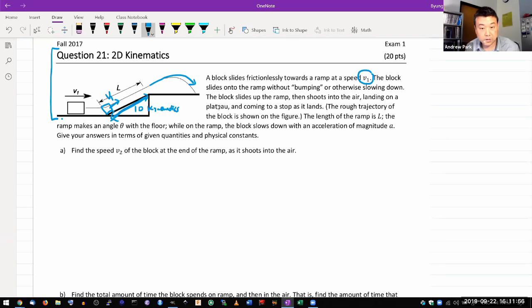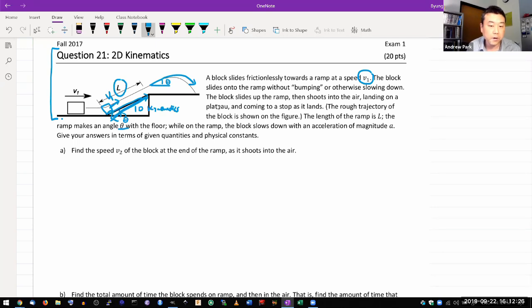The block slides up the ramp, then shoots into the air, landing on a plateau, and then comes to a stop as it lands. And the rough trajectory is shown. It highlights the length given, and it tells you something about the angle, which is actually important not for this initial ramp part, but for the projectile motion part.